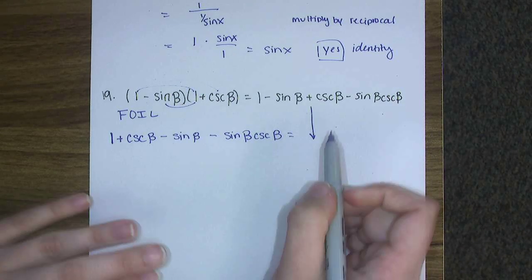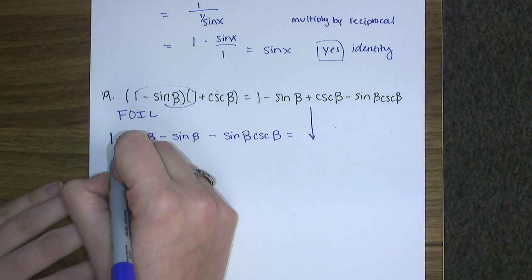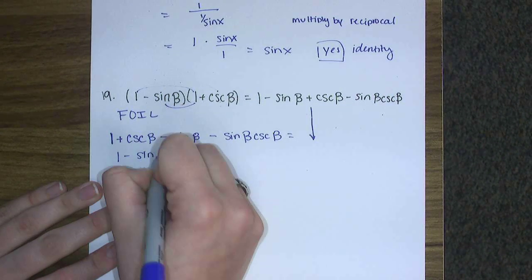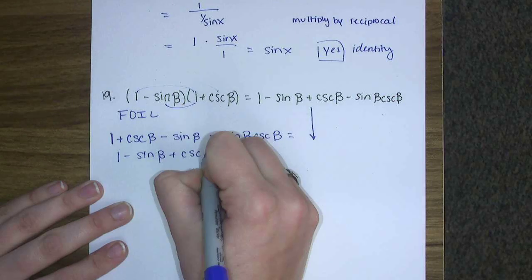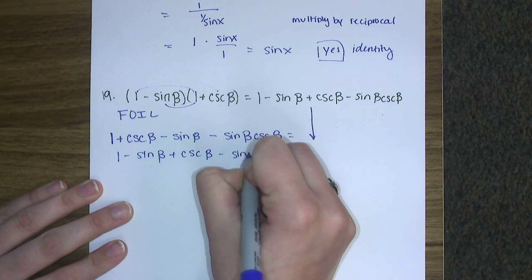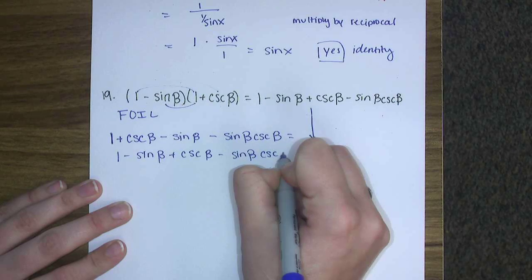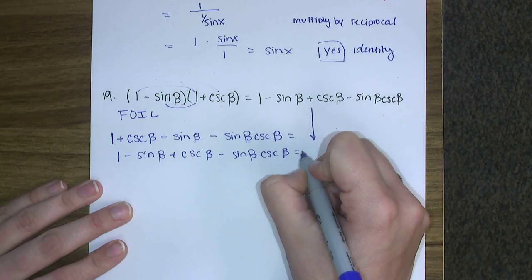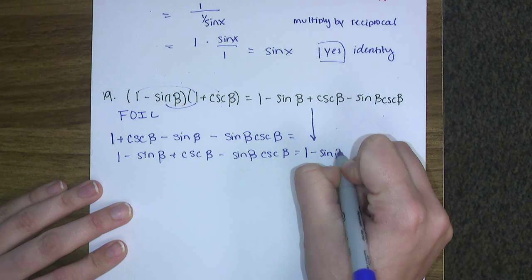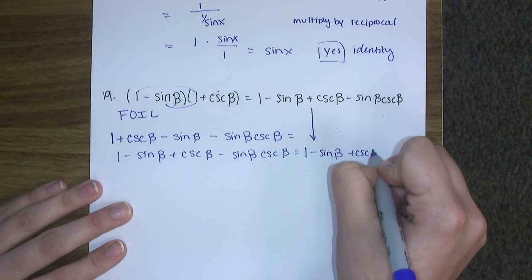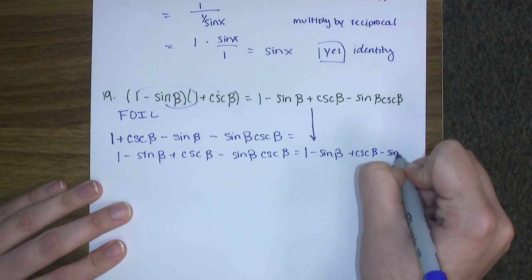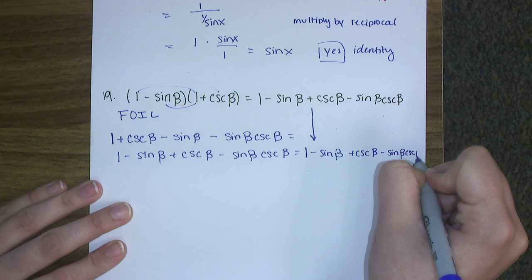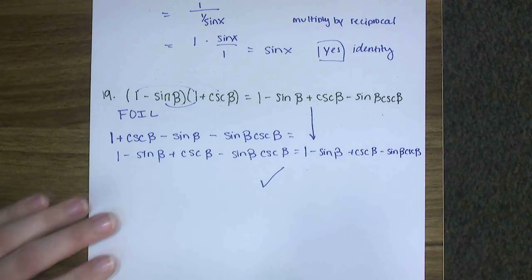Now I just need to reorder it to get it in that order. So 1 minus the sine of beta plus the cosecant of beta minus sine of beta cosecant of beta is equal to all this on the right side. And so then yes, it is true.